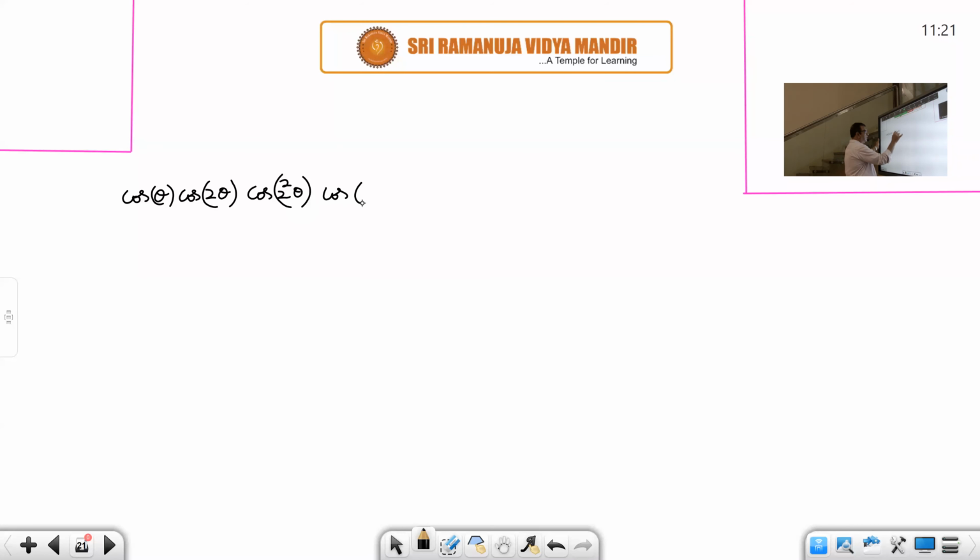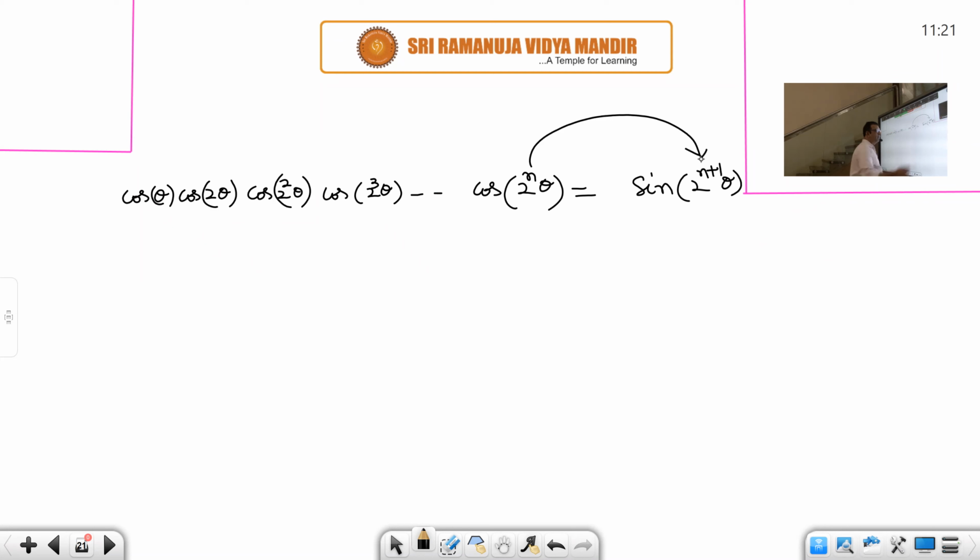Cos 2 cube theta, and so on up to cos 2 power n theta. Then the right side is sin 2 power n plus 1 theta. The last angle will be multiplied by 2.